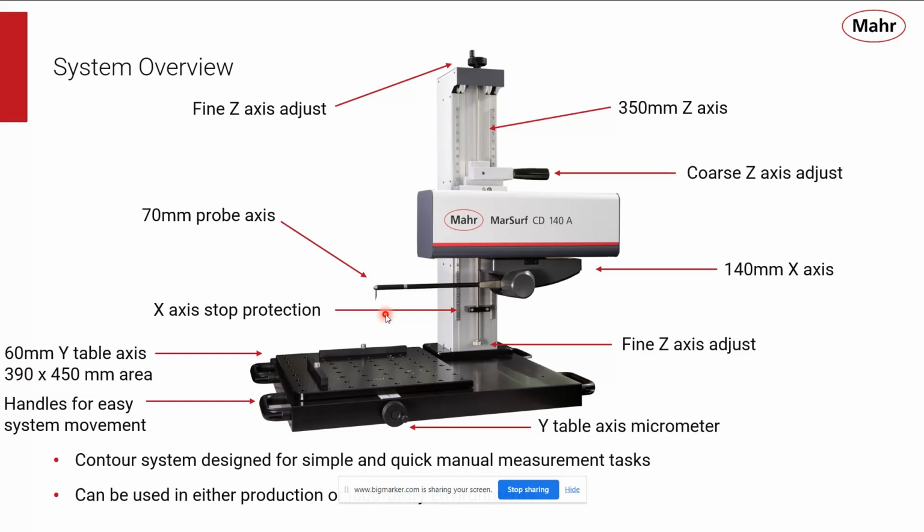But yes, the probe has a maximum deflection of 70 millimeters. So that would be the largest groove that you can measure. And 1 inch is well within that range. But as a maximum capability, looking about 70 millimeters.